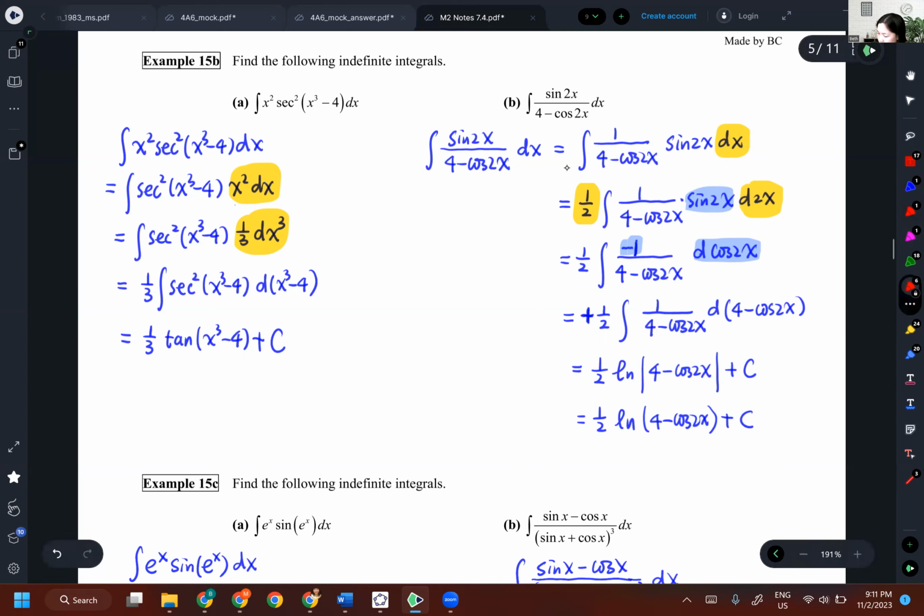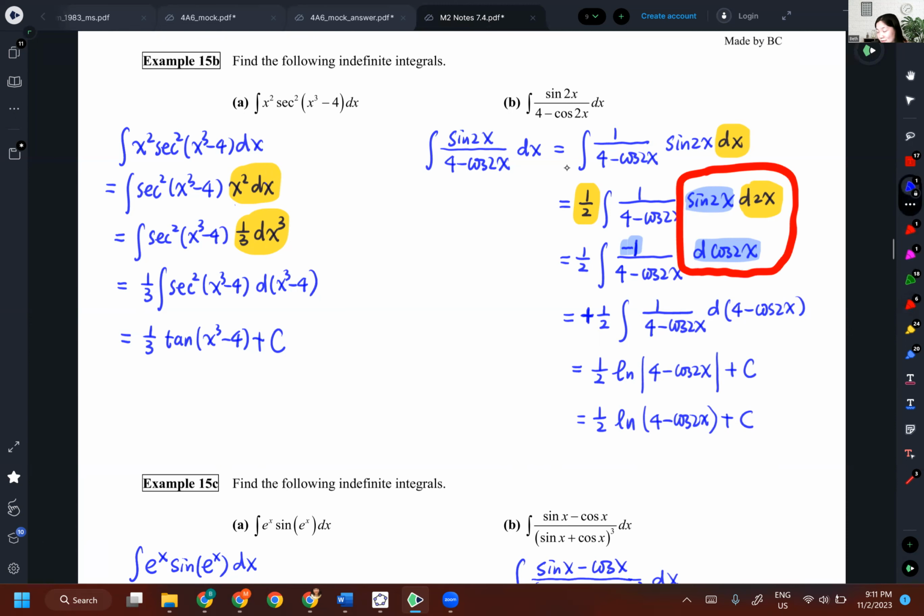Cherry wants me to explain again how this is done. Now I can explain using differentiation, because d cosine 2x over d2x. Perhaps I should use u. Is it fine? I don't want to use 2x. Let me use u.